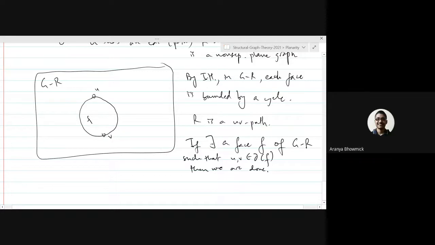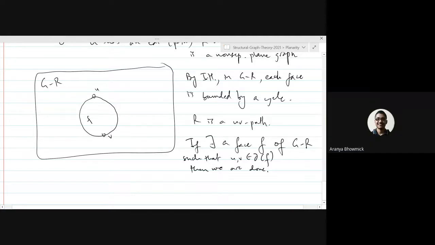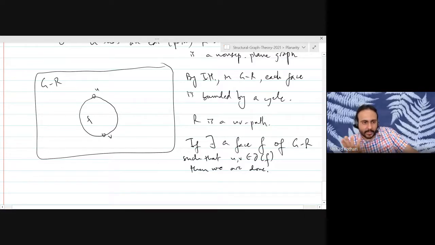That means the endpoints of that path must belong to the boundary of the same face. I don't even want to fix the face, because they could belong to the common boundary of two faces for all I know. But there has to be some face that contains both U and V. The face need not be unique, but there will exist a face which contains both U and V in the boundary. There has to be some face like this, because otherwise your original graph would not be a planar embedding.